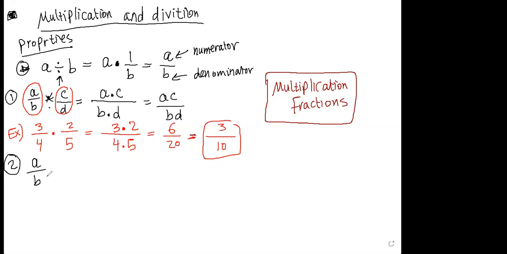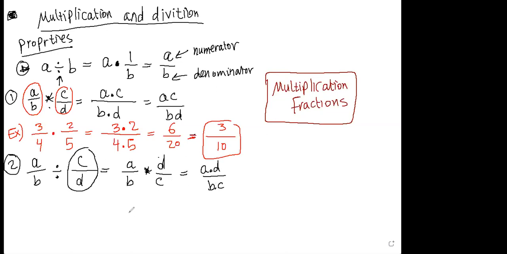A over B divided by C over D. What's the answer? The answer is A over B multiplied by the flipped fraction, D over C. Then we go back to the first property, AD over BC.